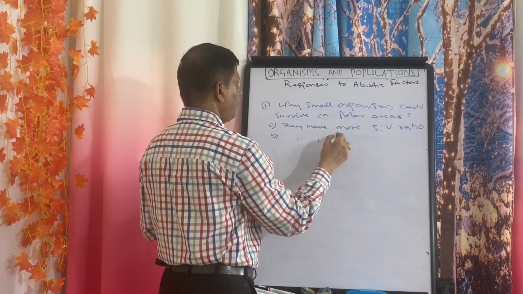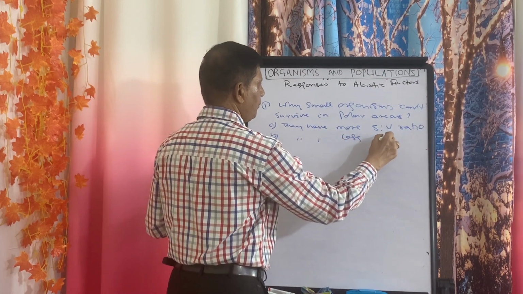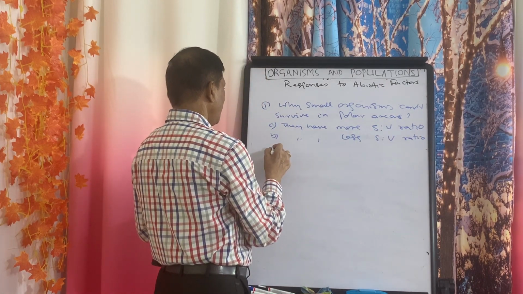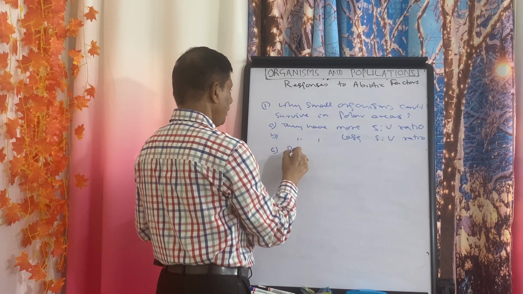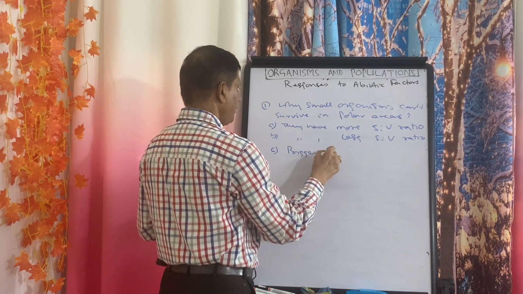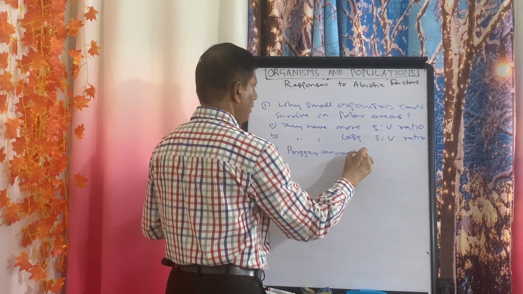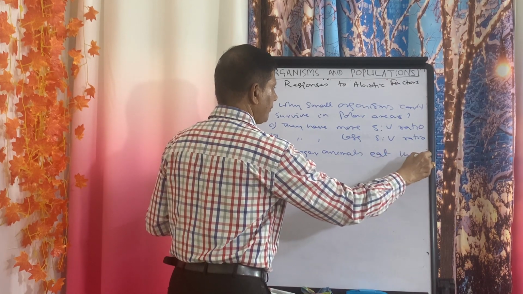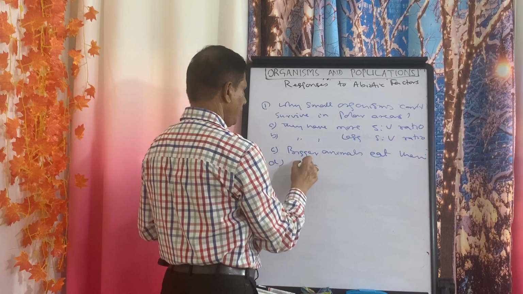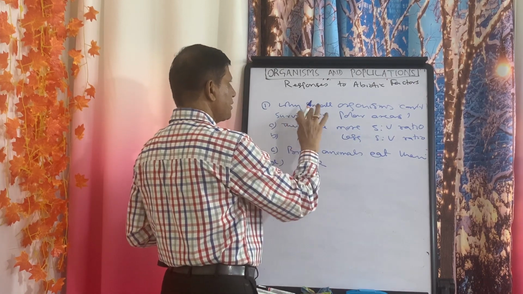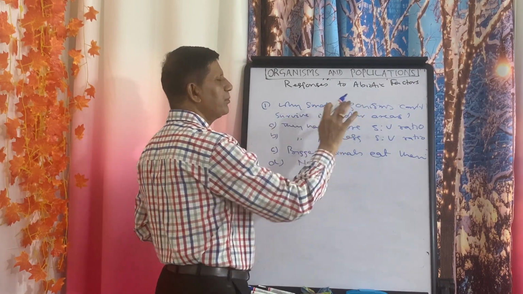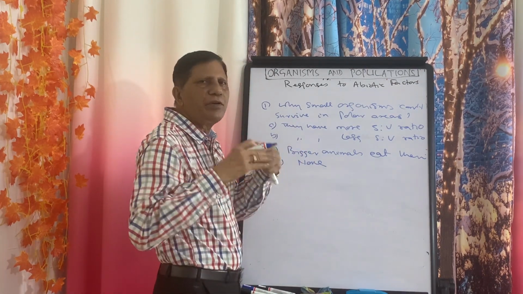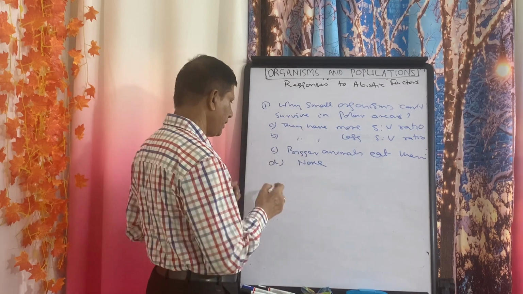B choice, they have less surface to volume ratio. C choice, bigger animals eat them. And D choice, none of the above. Why small organisms cannot survive in polar areas? Whether their surface to volume ratio is more or less, or in fear that bigger animals will eat them.